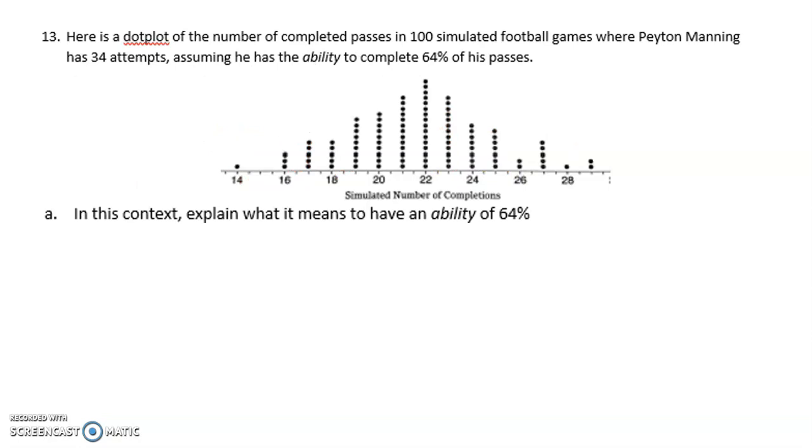So they did 100 simulations and found that it ranged from 14 to 30. And it says, in this context, explain what it means to have an ability of 64%.